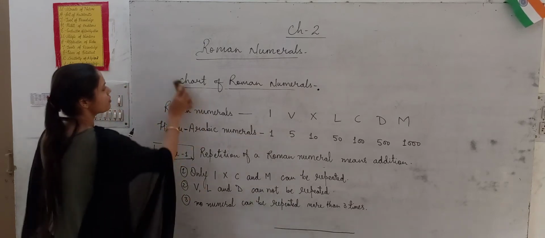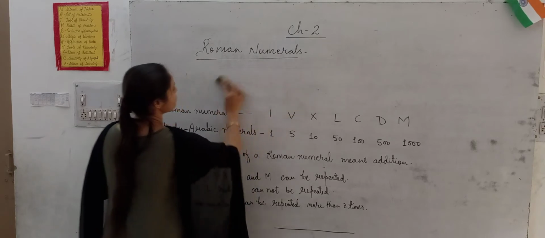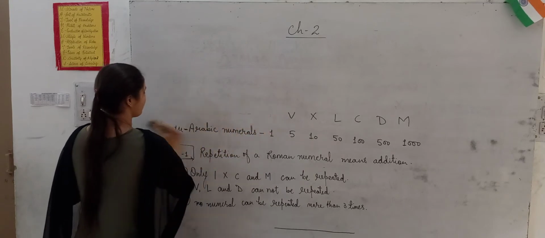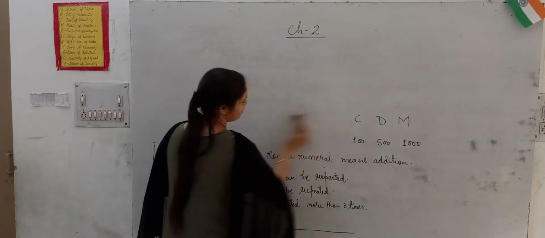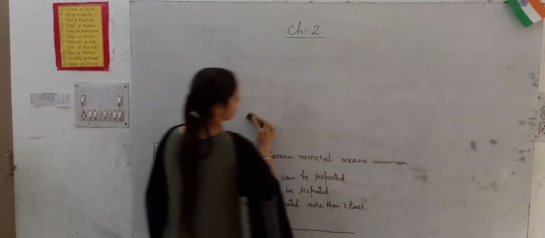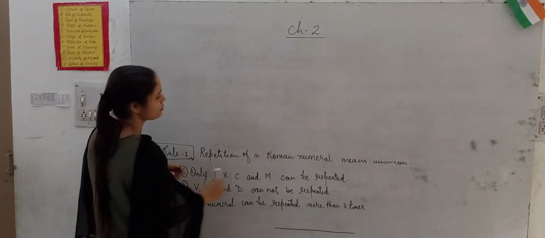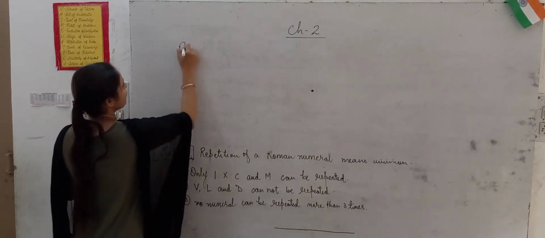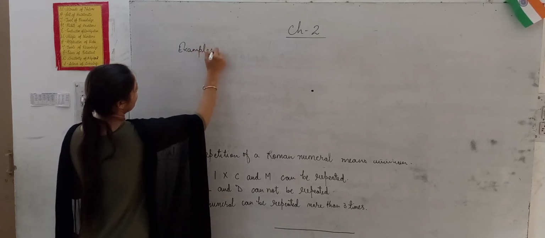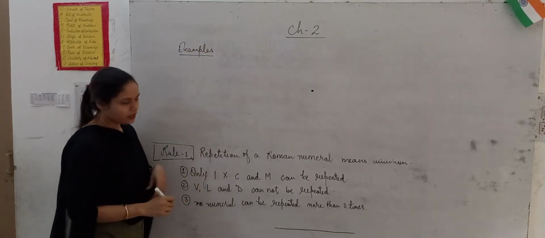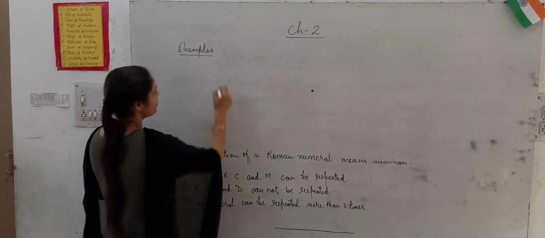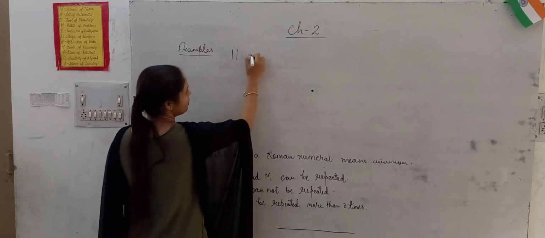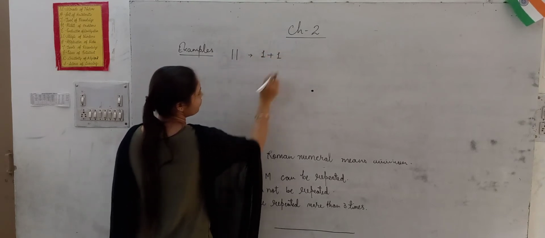Here are some examples. Example of rule number 1: like we want to write down 2. So double I means 1 plus 1.